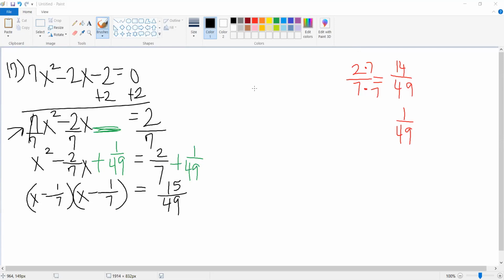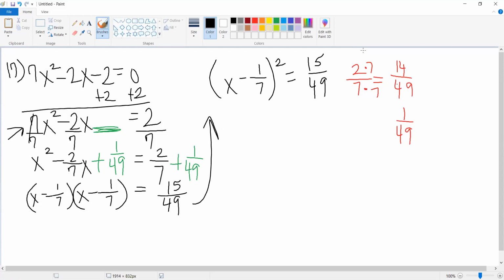Now, because we have the same binomial on the left side, we can write that as one binomial with an exponent of 2. So we have x minus 1 over 7 quantity squared equal to 15 over 49.